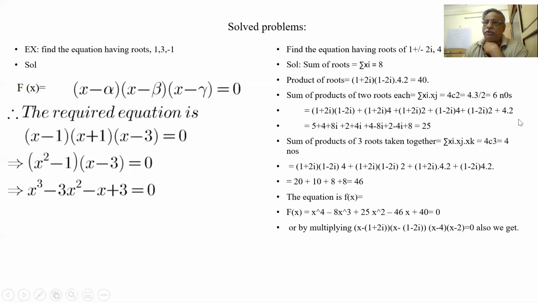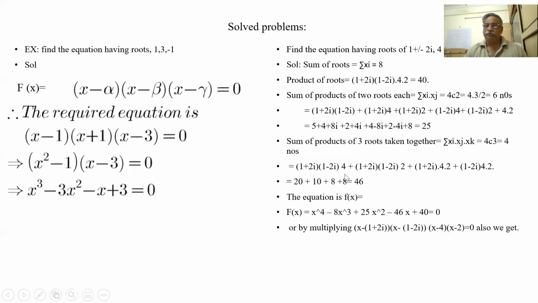When I'm adding all these things, I'm getting 25. So 3 together, sigma xixjxk, 4c3, 4 items will come: ABC plus ACD plus BCD plus ABD. So when I'm substituting the respective roots here, I'm getting this.